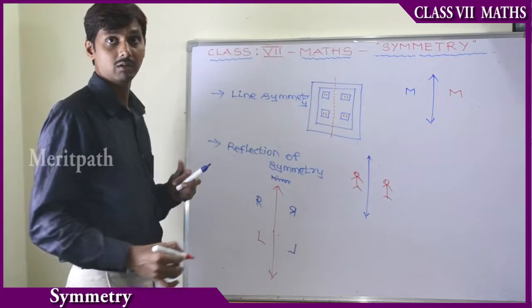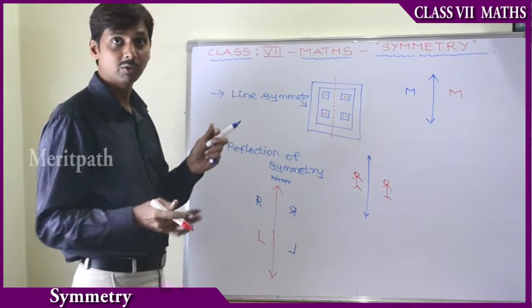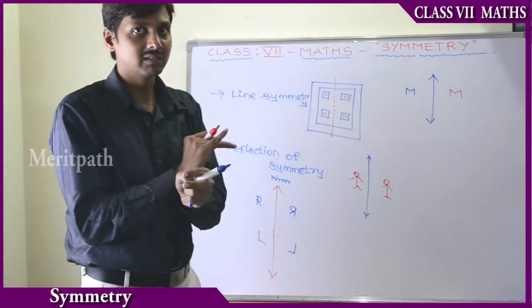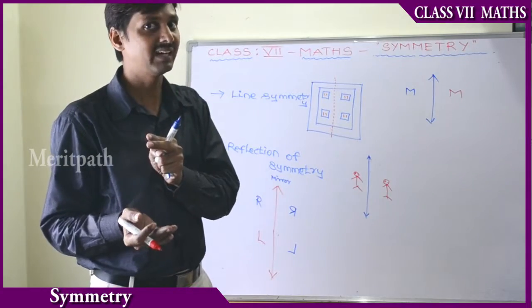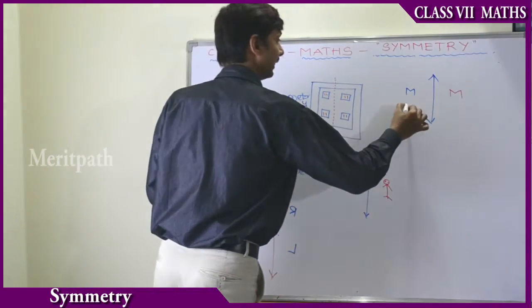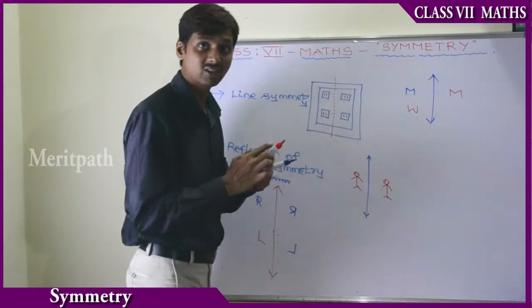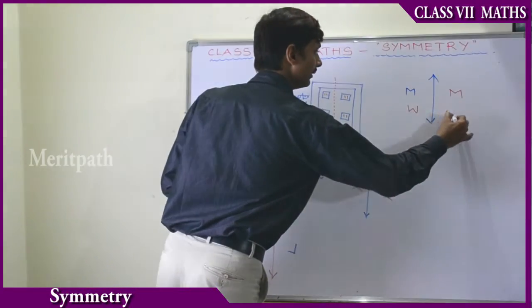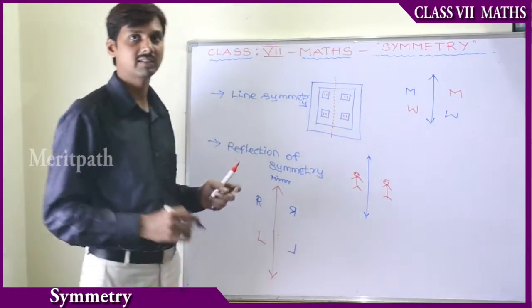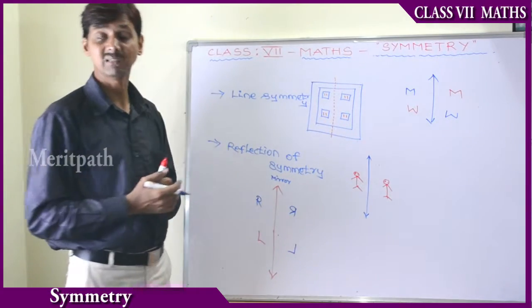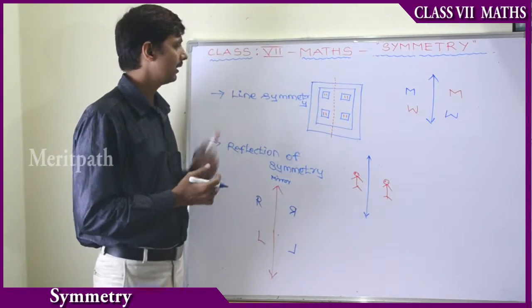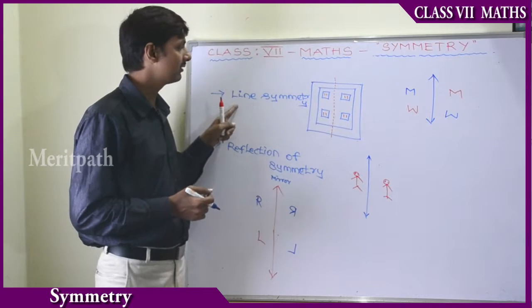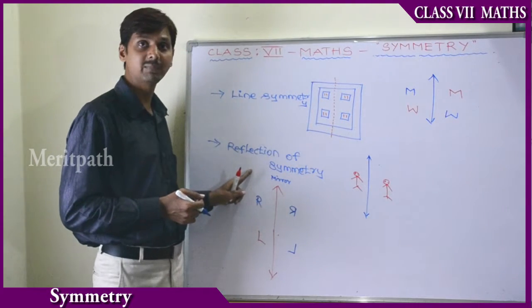There is no difference, because when it is reversed, it looks like the same thing in the mirror image. We take W and it also looks the same in the mirror image. This is called reflection symmetry. Up to now we have learned line symmetry and reflection symmetry.